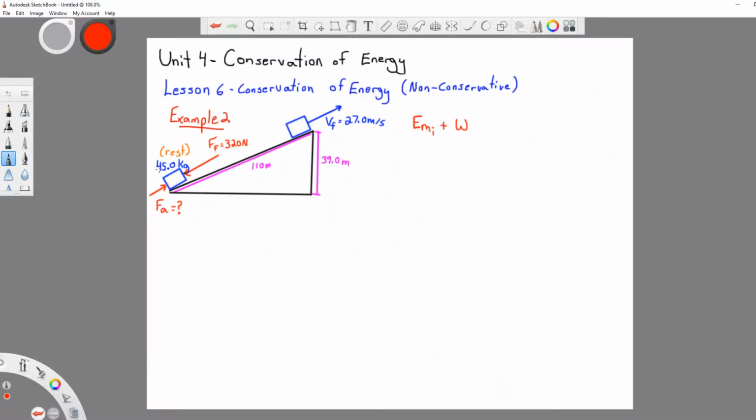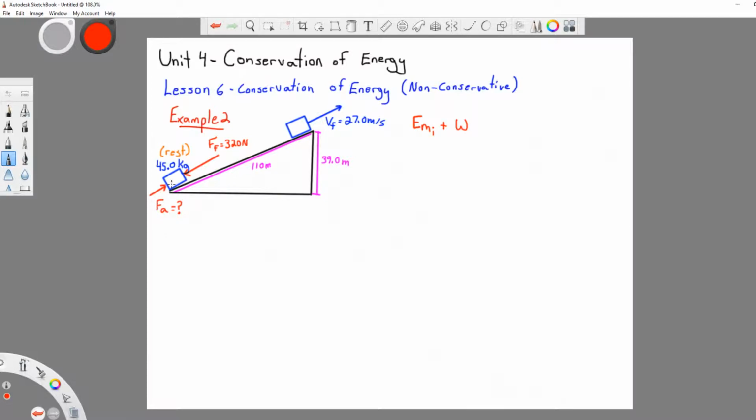We'll get there. I'm going to say that this work function is due both to our force of friction acting downwards and our force applied acting upwards. So I think hopefully you can see that we're going to be dealing with the work done by the net force here. I'm going to come back to this very briefly, as soon as I'm done with this step.